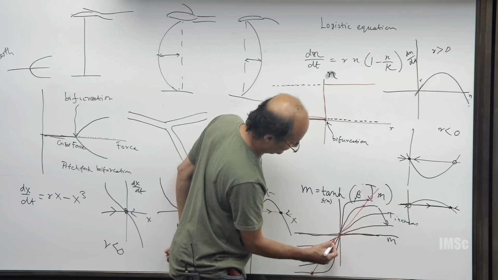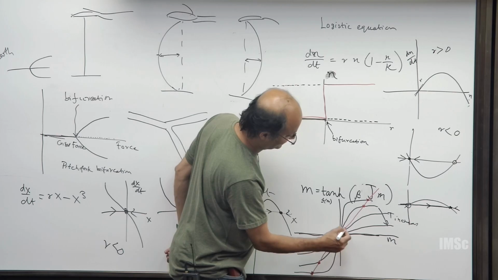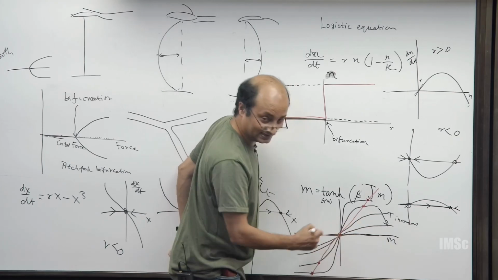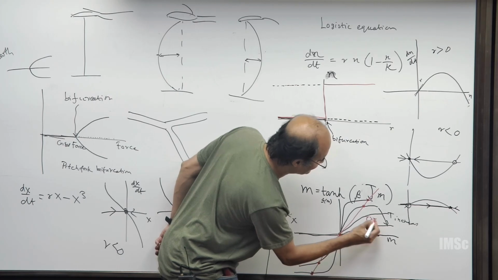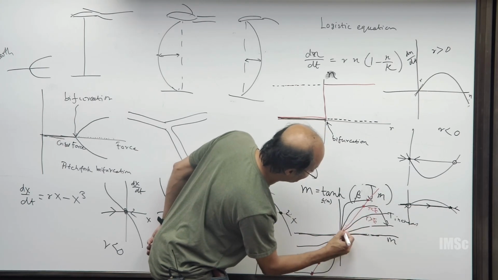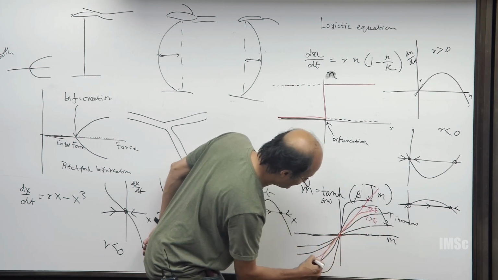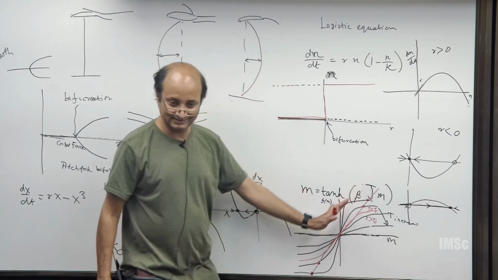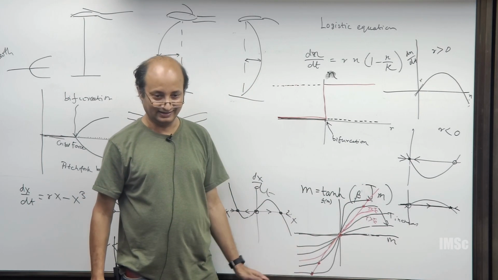Here also you have negative finite and 0, but here you notice there is only 0. So this corresponds to T greater than Tc, this corresponds to T less than Tc. Somewhere here you will have the T equal to Tc line, where the middle portion is just tangential to the diagonal line.